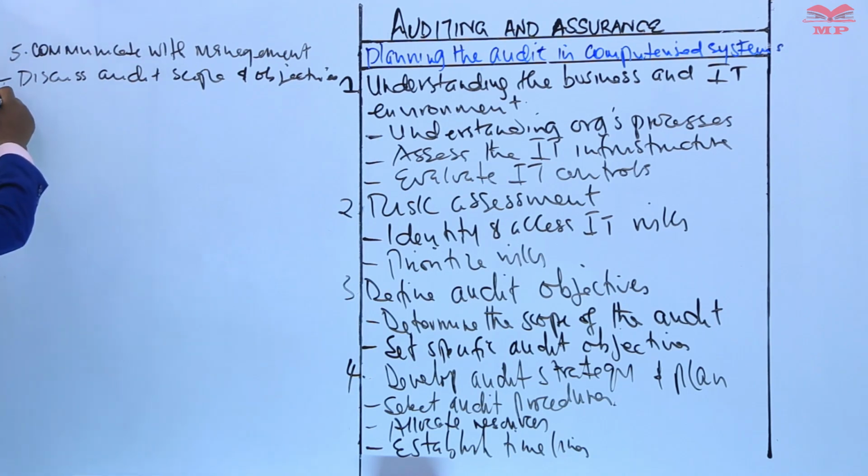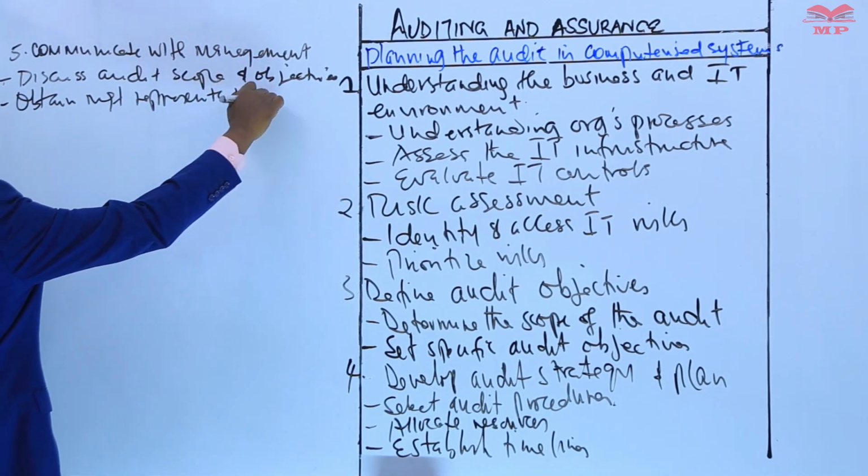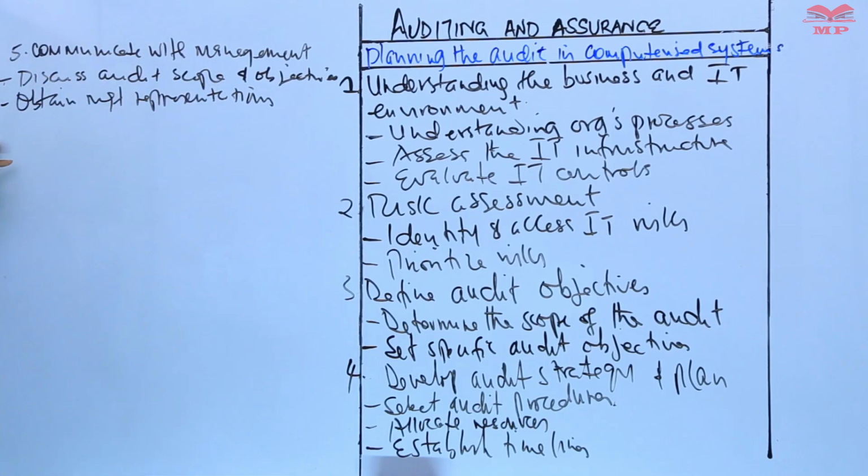There is also the bit on requesting management representations. Obtain management representations. The auditor should seek written confirmation from management regarding the completeness and accuracy of information provided. He may also be required to coordinate with the IT personnel.